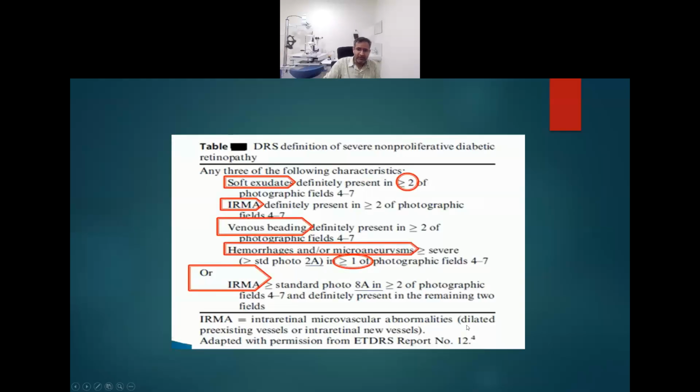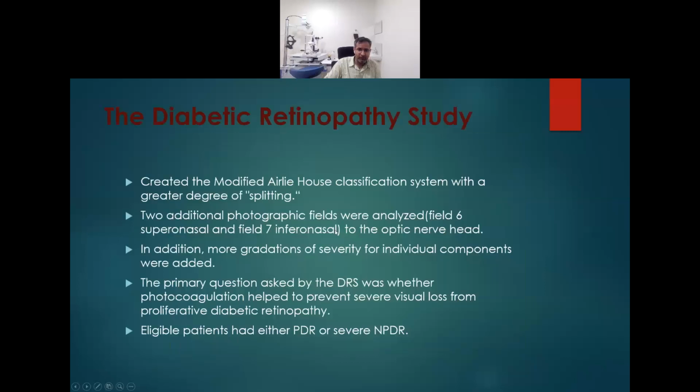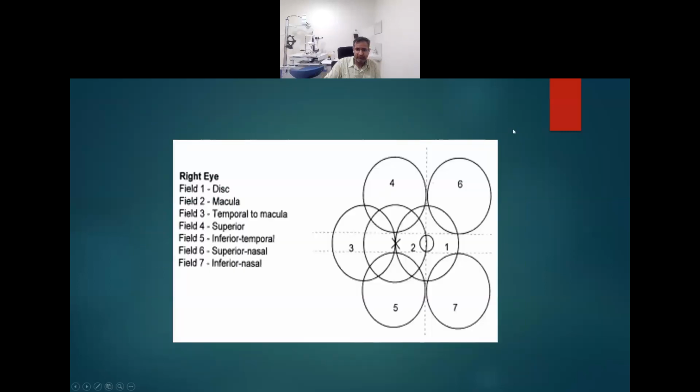The DRS classification of non-proliferative diabetic retinopathy requires any three of the following characteristics: soft exudates present in a minimum of 2 of the photographic fields 4 to 7; IRMA definitely present in more than 2 of fields 4 to 7. What are fields 4 to 7? Fields 4, 5, 6, 7, not 1 to 3.